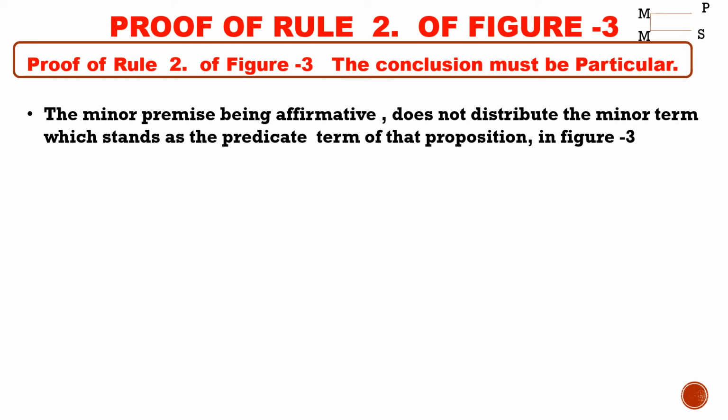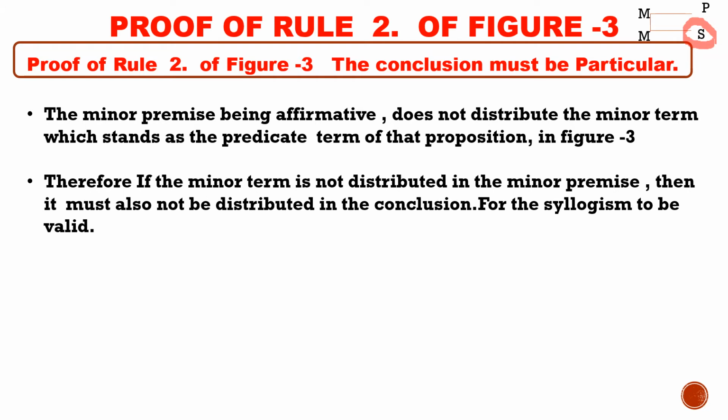So it does not distribute the minor term which stands as the predicate of that proposition. See here, the minor term, the subject term of the conclusion, stands as the predicate of the minor premise. So it is not distributed. So it must not be distributed in the conclusion also for the syllogism to be valid, right?